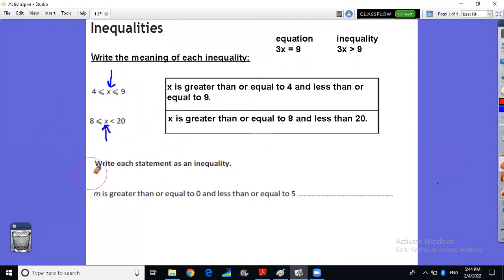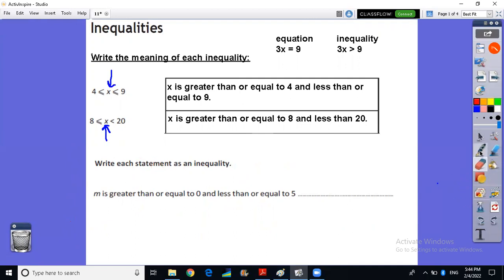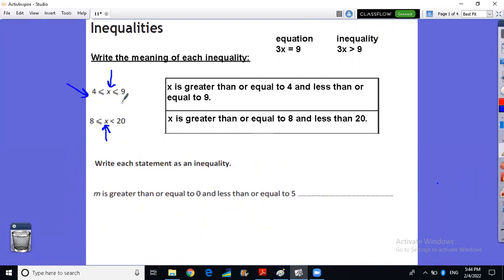All right, so let's go back to this page over here, which is write each statement as an inequality. Okay, now they want us to write the inequality itself. There, they wanted us to say the meaning of each inequality. Let's get back here to this question. M is greater than, okay, one second, mister.